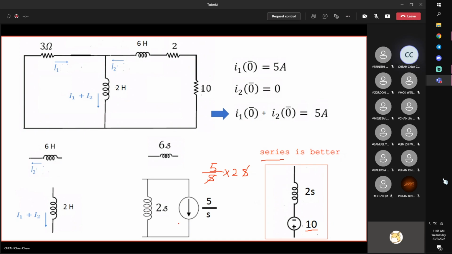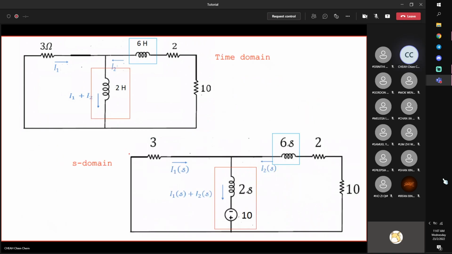So it's easier to remember this way. Put it into this form, use source transformation to transform it into this form, and then put it back into the S domain circuits. So this is what we get. Now, as I said, if you want parallel, go ahead, but then you create one more mesh to solve. So it depends on the method that you use. If you use mesh analysis, it becomes one more mesh.